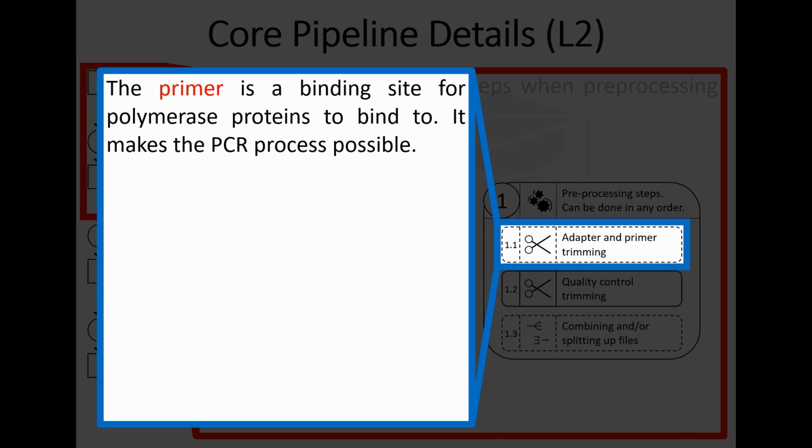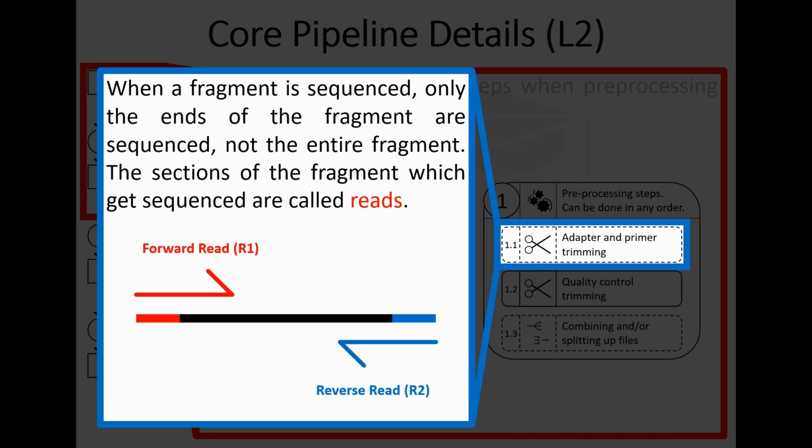Now that we know what a fragment is, we can talk about reads. When a fragment is sequenced, only the ends are sequenced, not the entire fragment. The sections of the fragment which get sequenced are called reads.